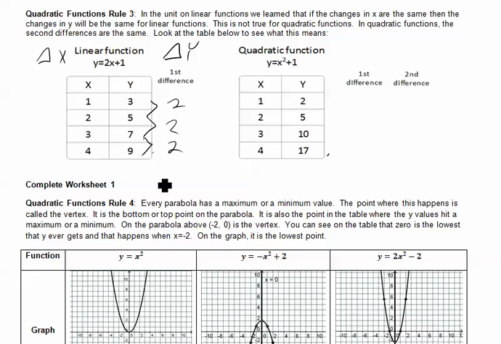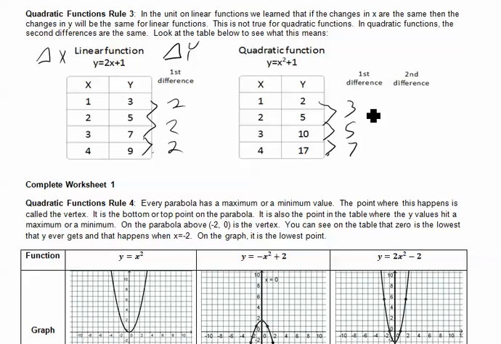Now, in quadratic functions, let's take a look at what happens here. So x is going up by the same. If it were a line, these would be going up by the same. But let's see what they do. This is going up by 3. It's going up by 5. This is going up by 7.